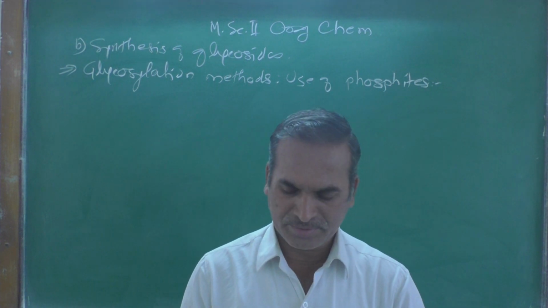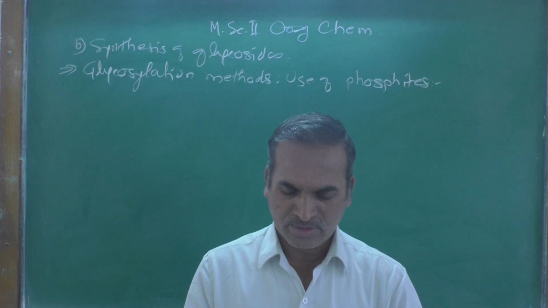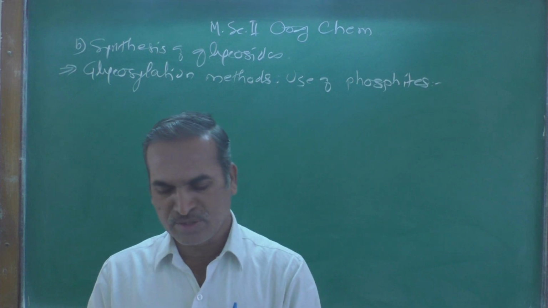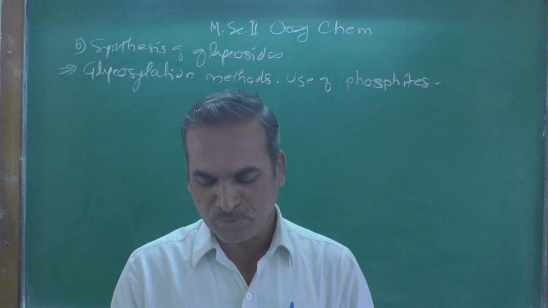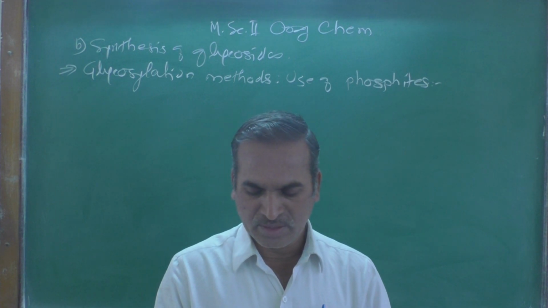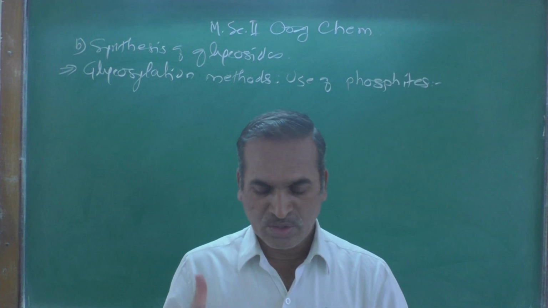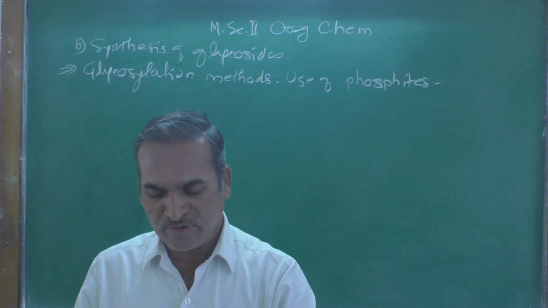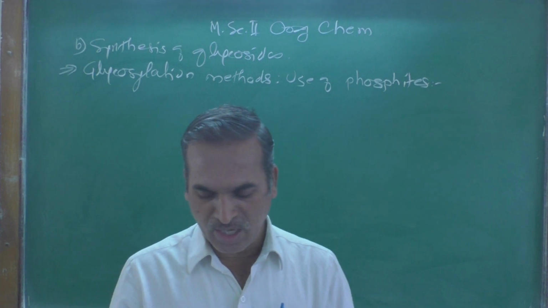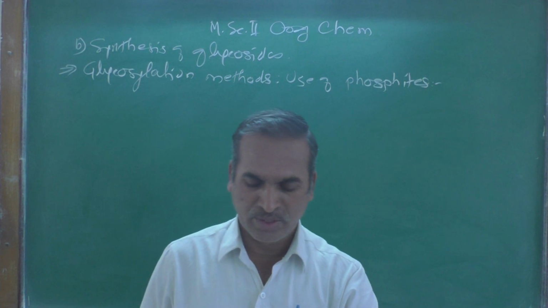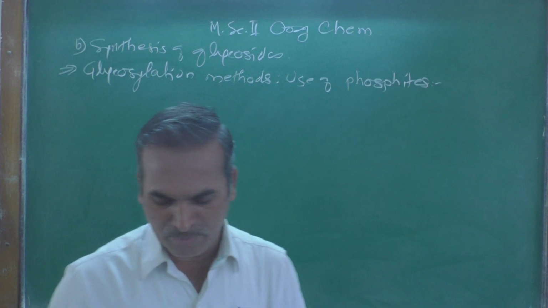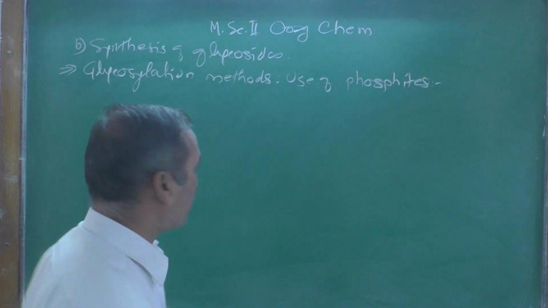Different promoters have been investigated and some unusual stereoselectivities have been reported. The purpose of this chapter is to review recent development in phosphate glycosylation and its application, and therefore we are going to discuss the preparation of glycosyl phosphates.